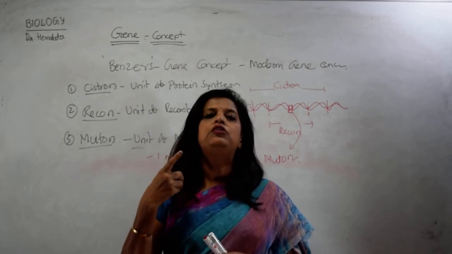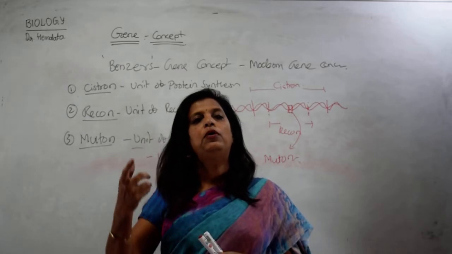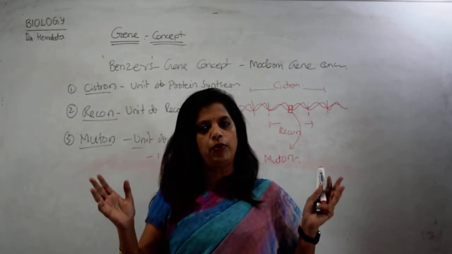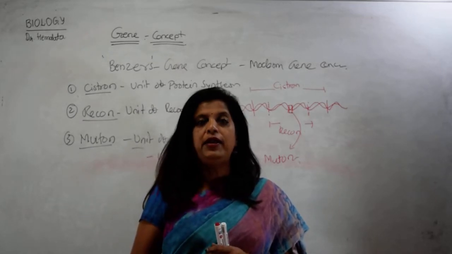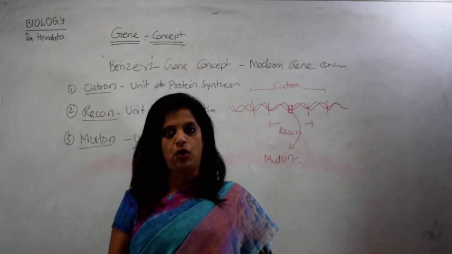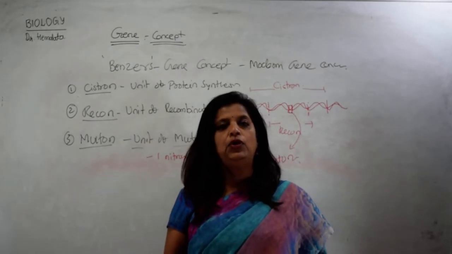What is cistron? Cistron is a unit of DNA that can bring about protein synthesis, or the unit for protein synthesis is called a cistron. Then what is recon? It is a unit of DNA which is normally smaller than the cistron, that can bring about recombination during crossing over.